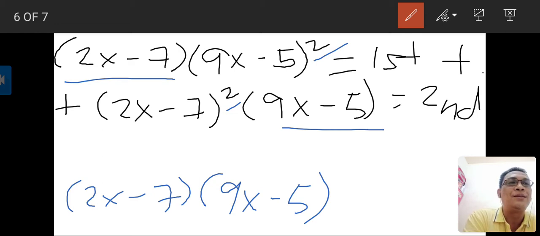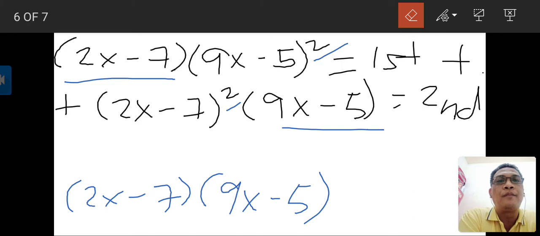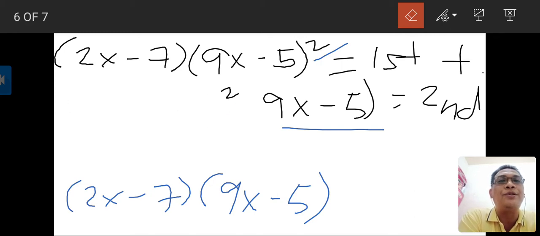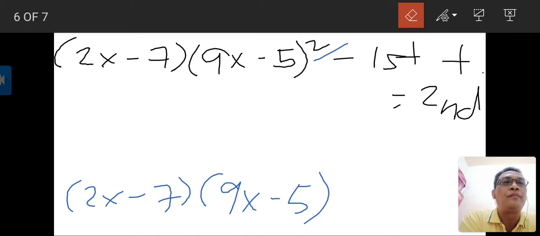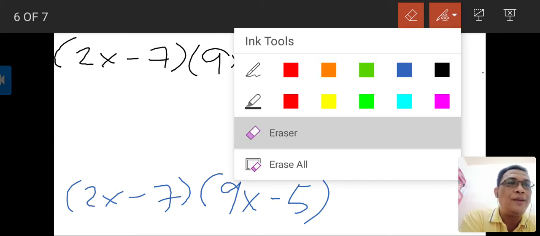Okay, so let us try to have the other factor. Since we don't have any space to write on, let me solve first on the first term. I will divide the first term by your GCF.